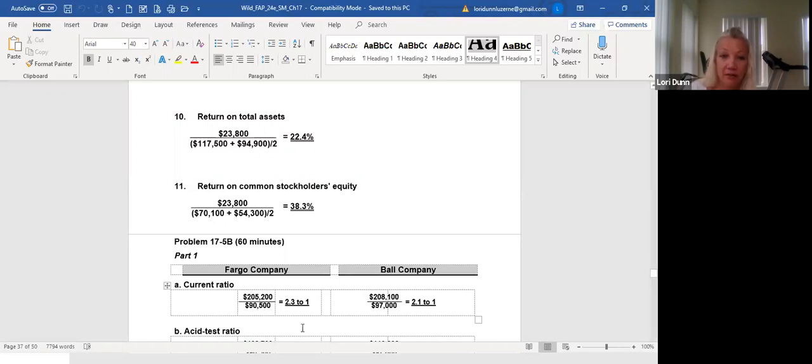And if you think about it, isn't that what we're calculating here? We're taking all the current liabilities and dividing it into all the current assets. So that's giving us a ratio here. So Fargo is better able to pay their current liabilities with current assets than Ball Company is. Any questions on that?